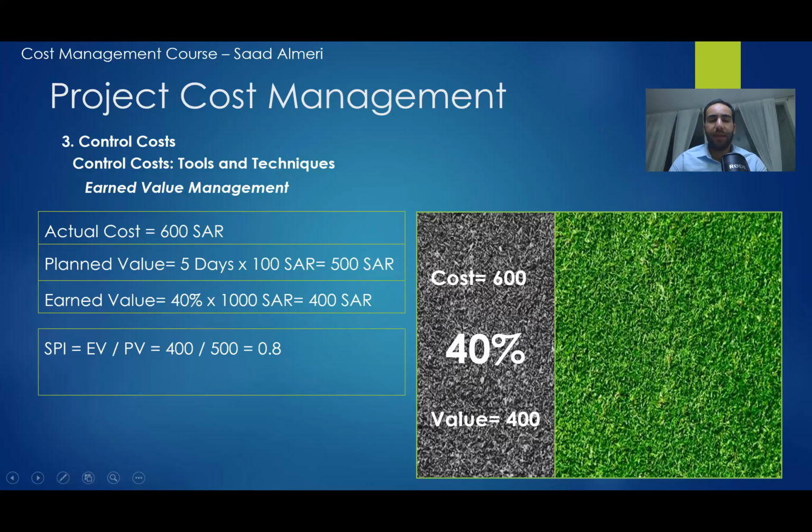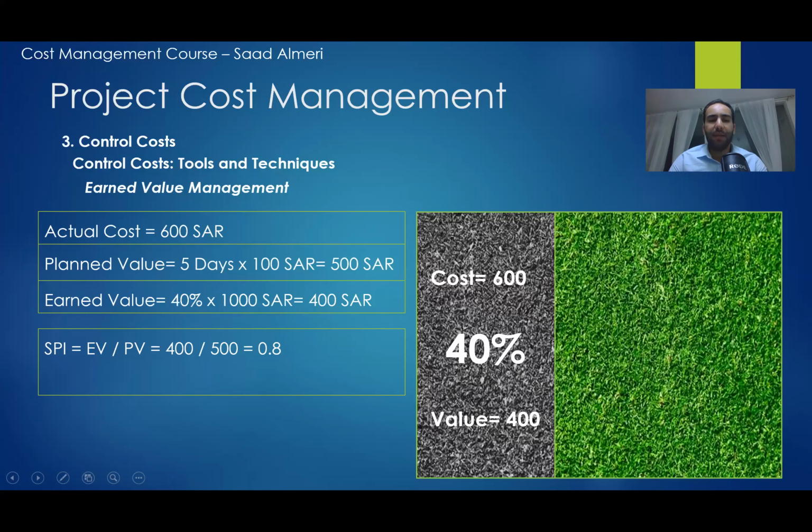Okay, if we want to calculate the SPI, the SPI is the earned value divided by the planned value. We have the inputs here: the earned value is 400 divided by the planned value, which is 500, and that equals 0.8.